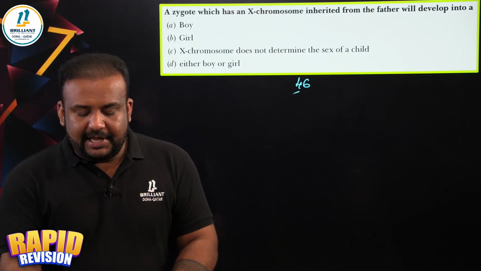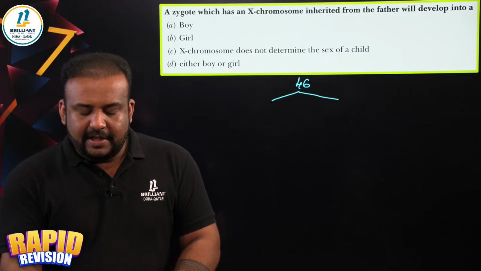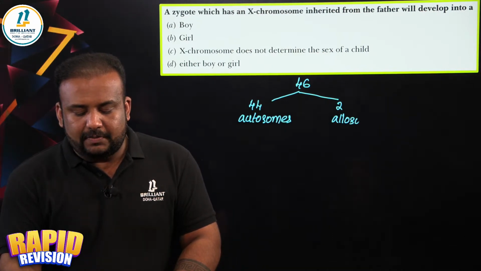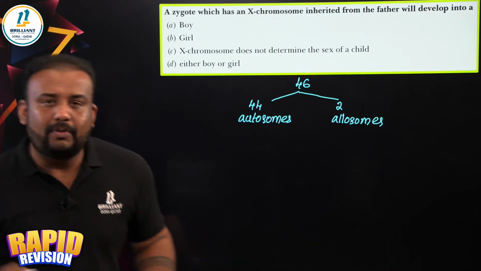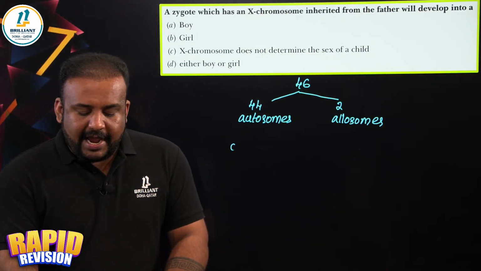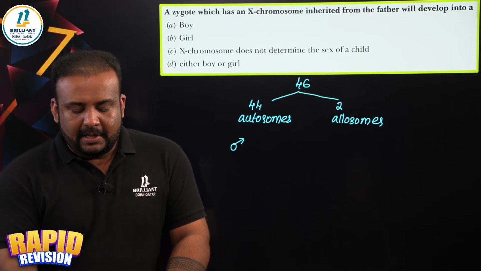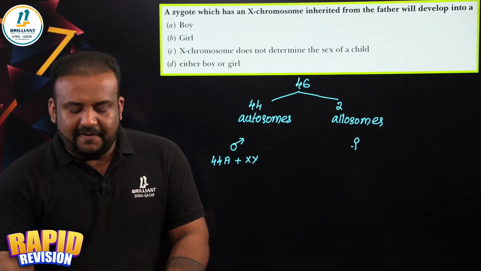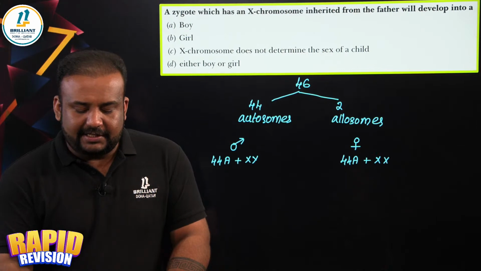This 46 is divided into two sets. 44 of them are called autosomes and the 2 of them are called allosomes or sex chromosomes. Now, in the case of a male, the combination will always be 44 autosomes plus XY, whereas in the case of a female, it will always be 44A plus XX.